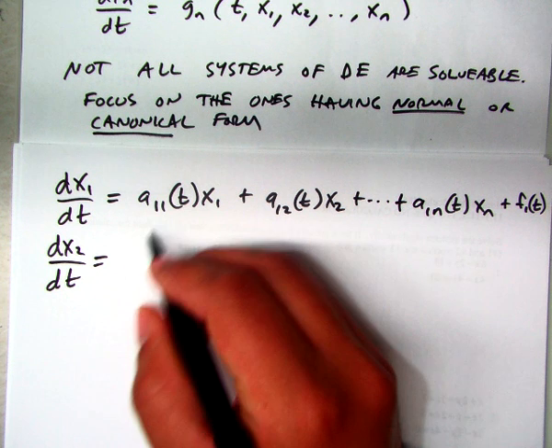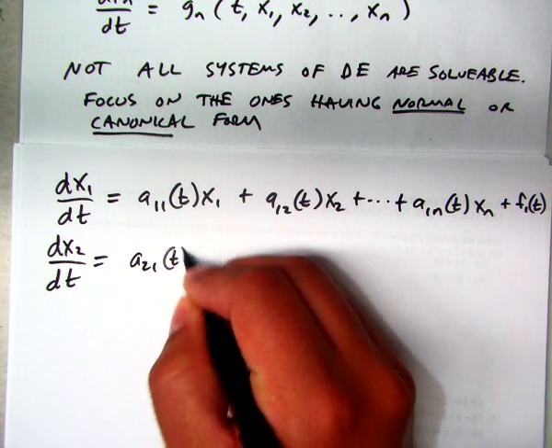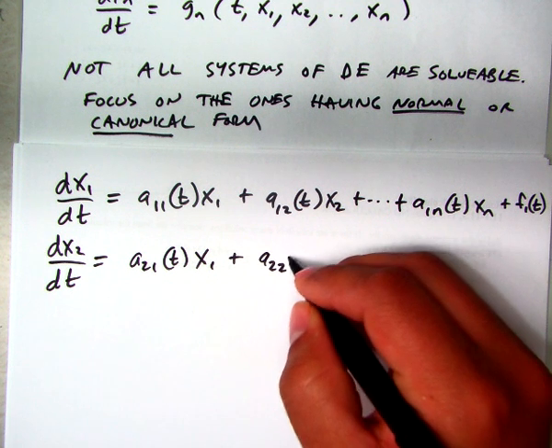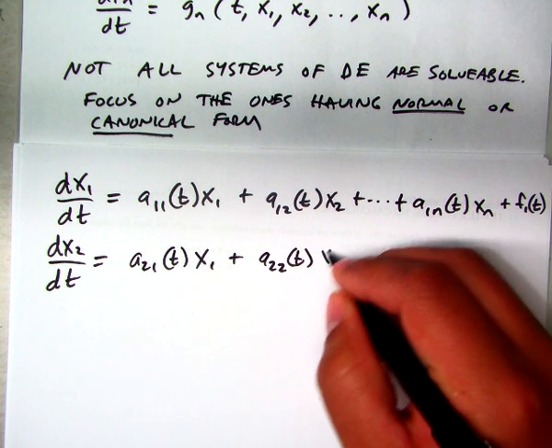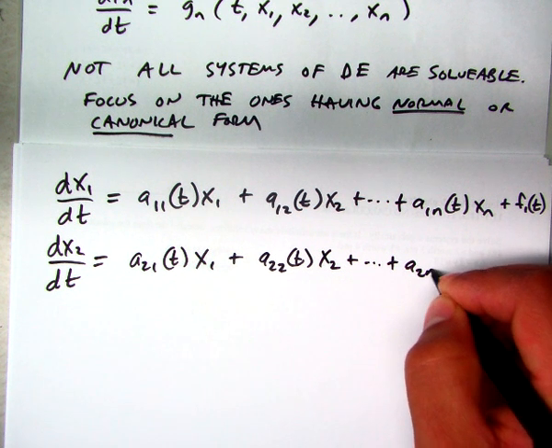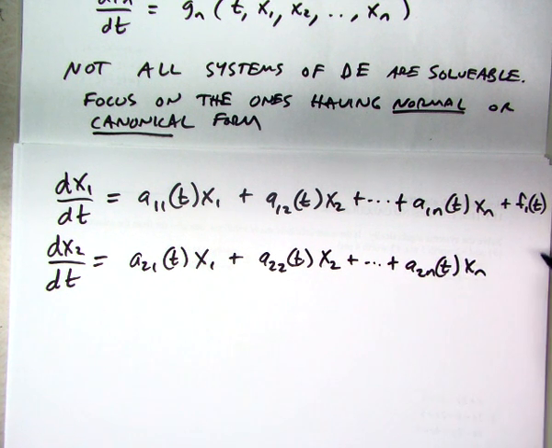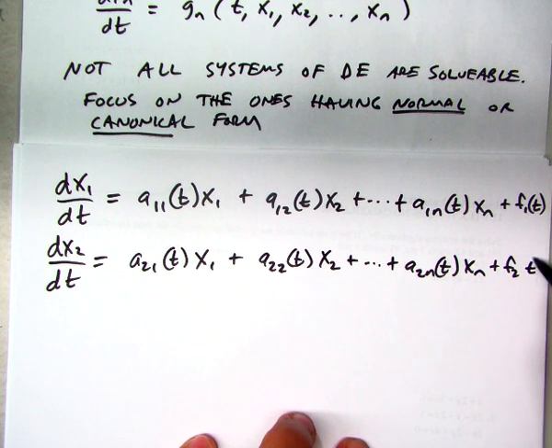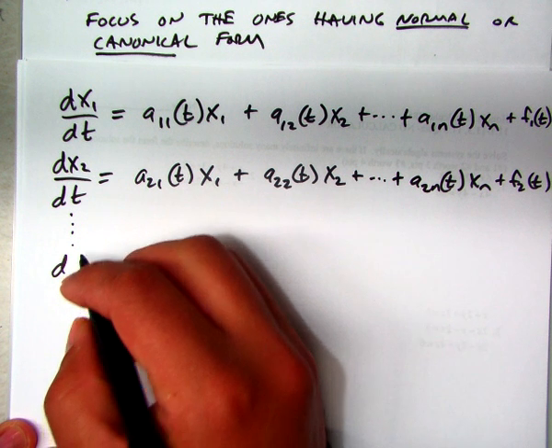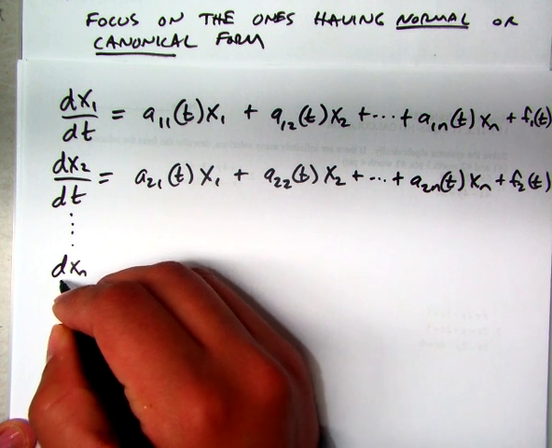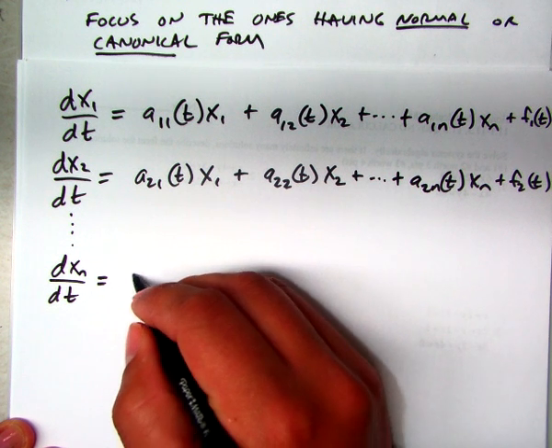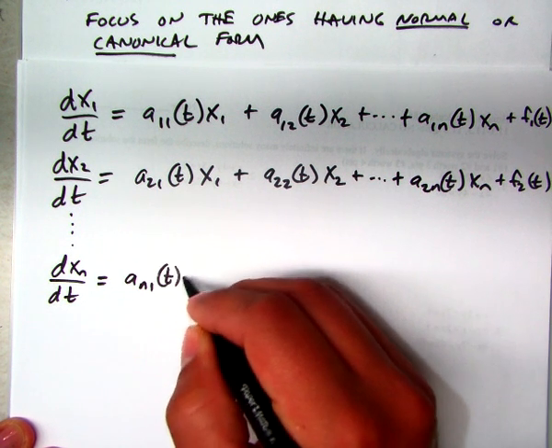Instead of 1, 1, we'll go a21. And if you know anything about matrices, you're starting to maybe see some of this notation look very familiar. So if we have a system of equations with n equations and n derivatives, it's going to look something like this.